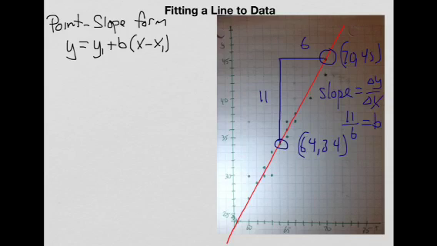For my point, let's see, 11 over 6. For my x1, y1, I can pick either one of these points or another point, as long as, again, it's on the line. I'm going to take that 70, 45.